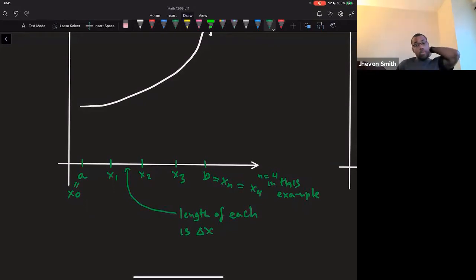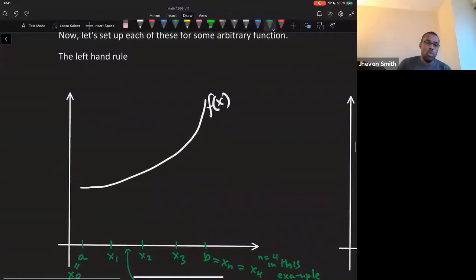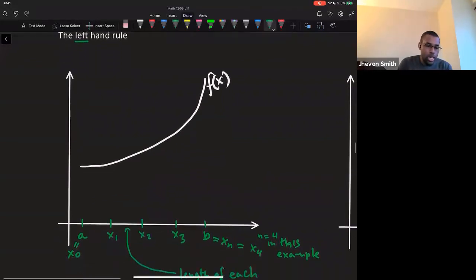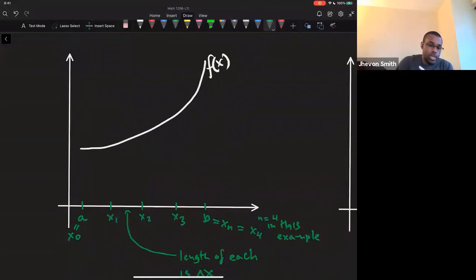And so now I'm going to erect rectangles on these subintervals. These subintervals are going to form the base of the rectangles. And so when we're doing the left-hand rule, what this means is that the left side of the subinterval creates the height of the rectangle. So what does that mean? For each subinterval, I'm going to look at the left side, extend it until it hits the function, and then I'm going to cut the height off there. Move to the next interval, extend the left side, hit the function, cut the height off there.